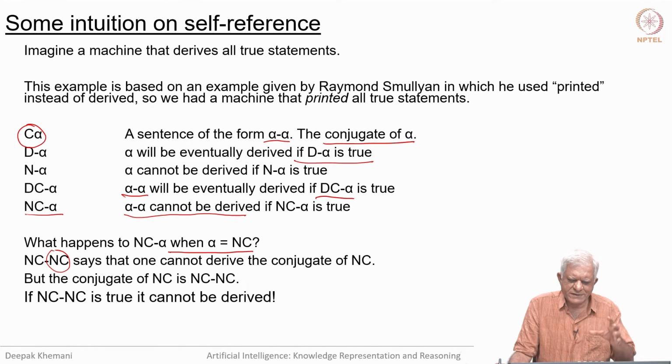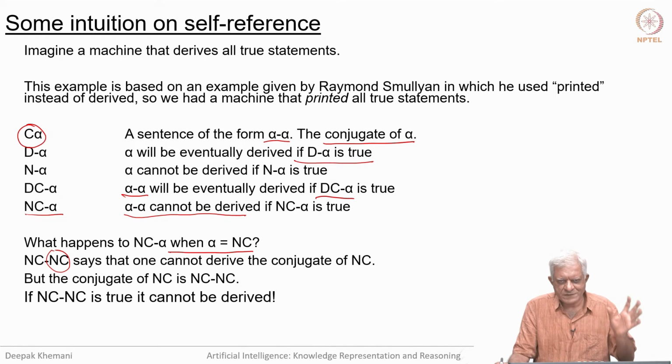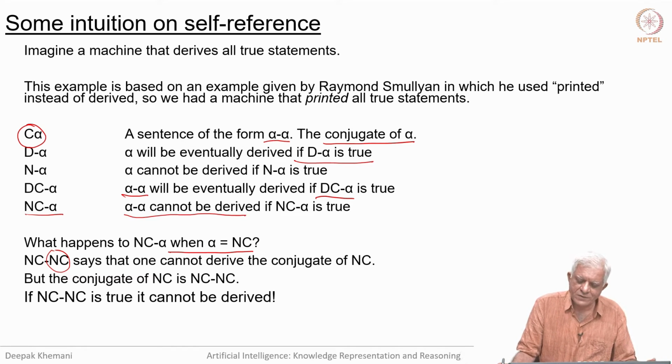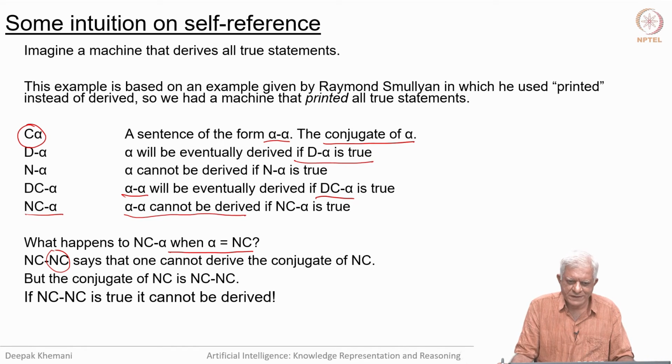So, this is just to give you a flavor of these kinds of strange loops that Hofstadter talks about and Russell talks about and Smullyan talks about, which was originally spoken about by Kurt Gödel when he gave his incompleteness theorem. It put an end to this whole big exercise of trying to formalize everything in mathematics essentially.